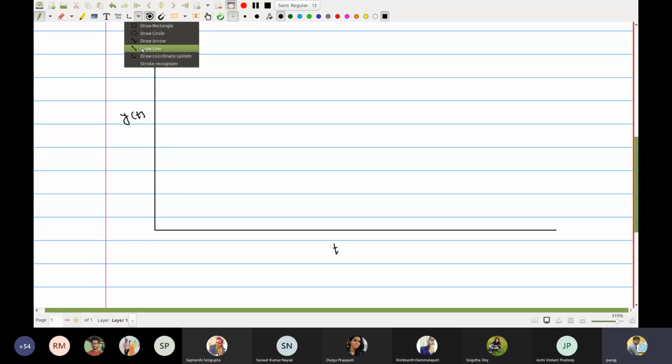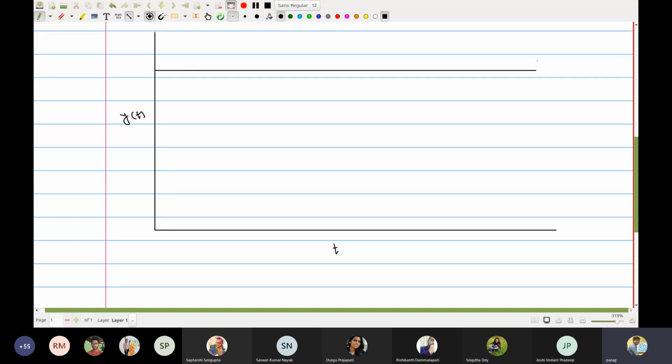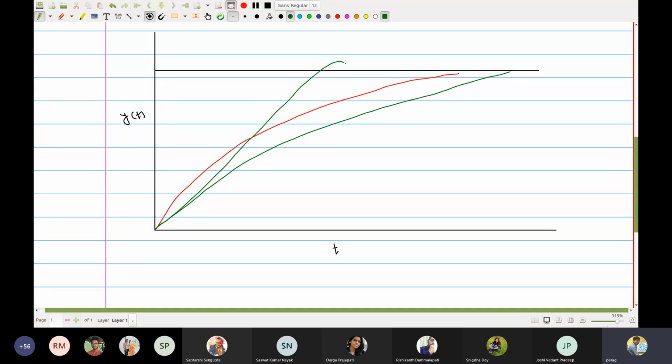So if this is your step input function with unity gain, then we know that your first order dynamics is going to look like this. Your second order dynamics will look either like this or it would look like this.